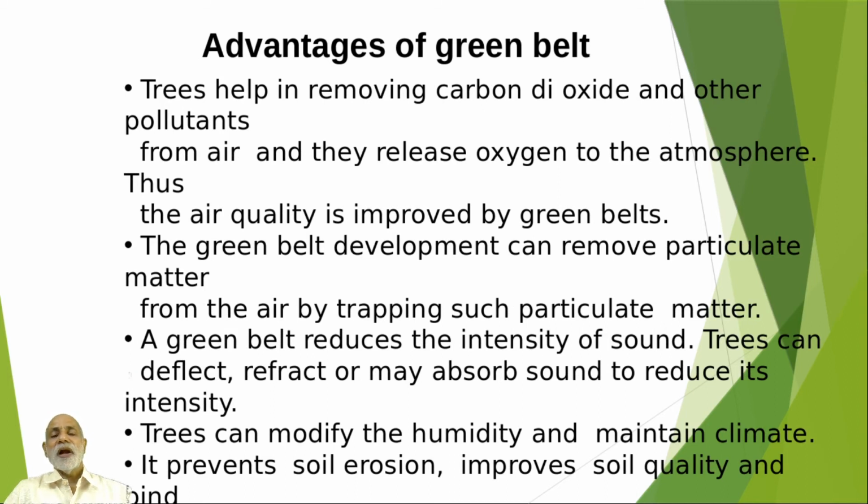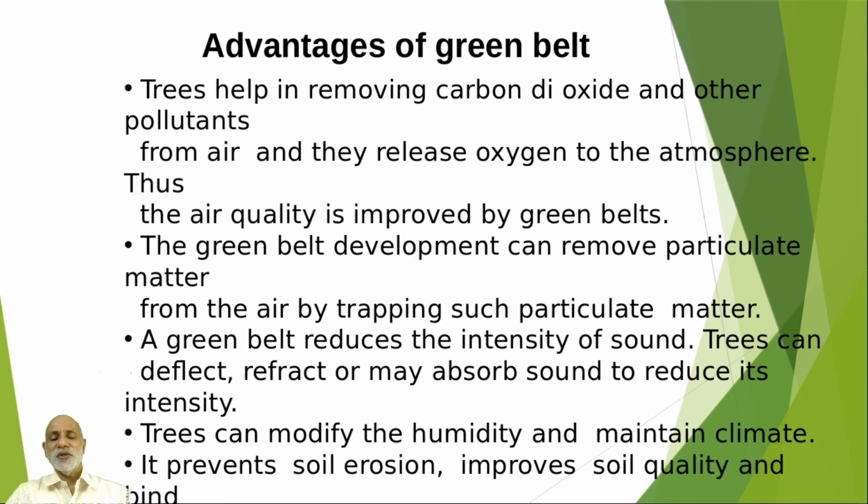Trees help in removing carbon dioxide and other pollutants from air, and they release oxygen to the atmosphere. Thus, the air quality is improved by green belts. The green belt development can remove particulate matter from the air by trapping such particulate matter. A green belt reduces the intensity of sound.